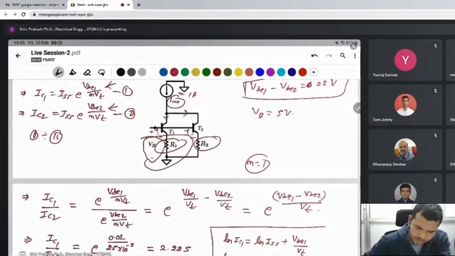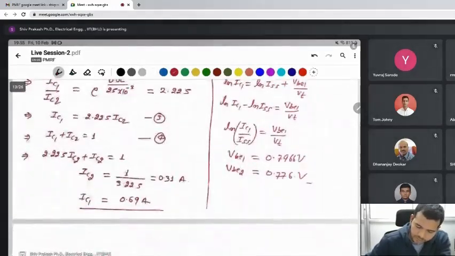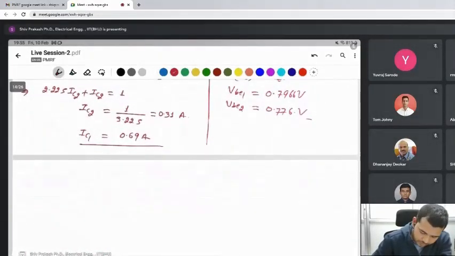In the first condition, apply VB to VBE1.